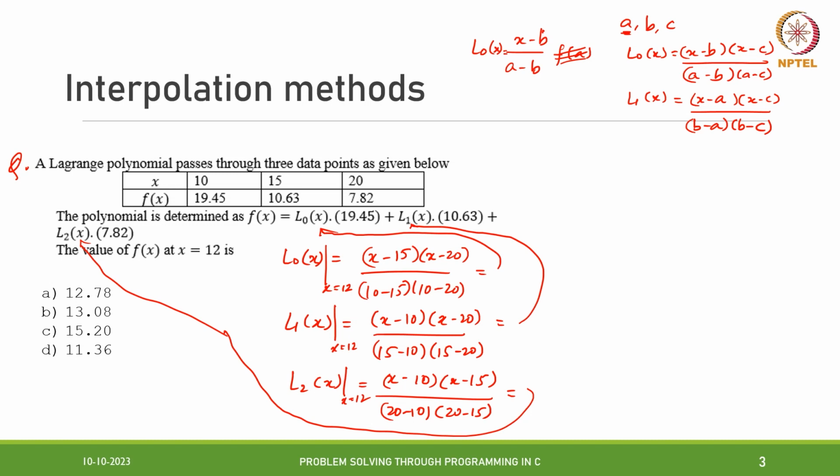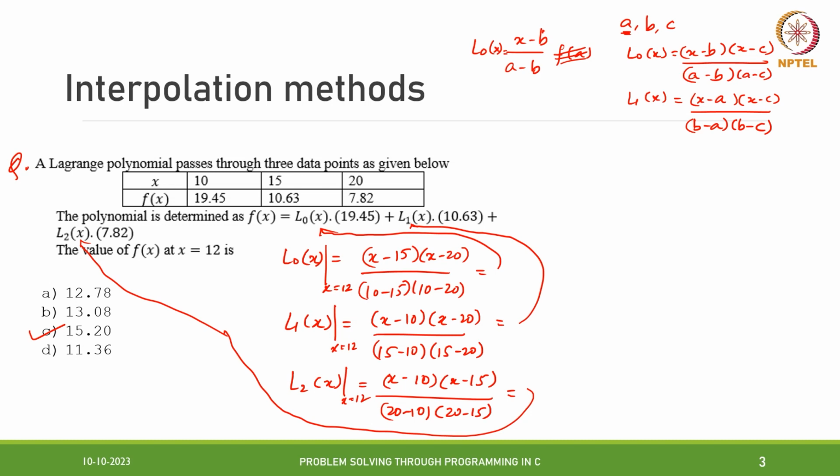I think you will get the final answer to be 15.20 if you calculate it correctly, for the value of f of x at x equals 12.